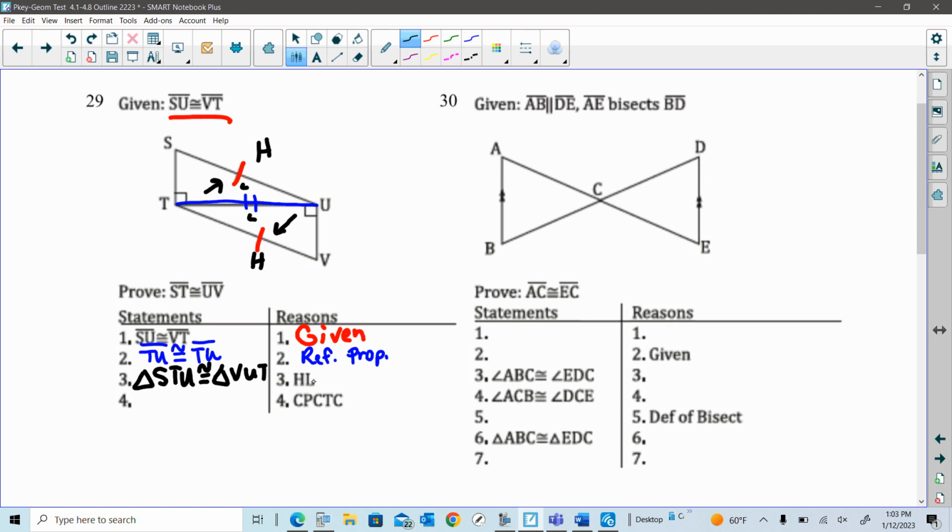And what has to go on the last line? Always what we're trying to prove. Yeah, what we're trying to prove always is on the last line. So I'll just copy that, ST is congruent to UV.